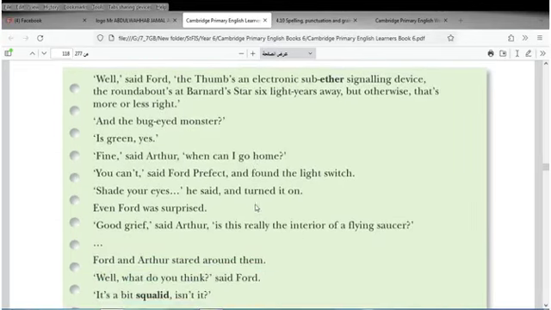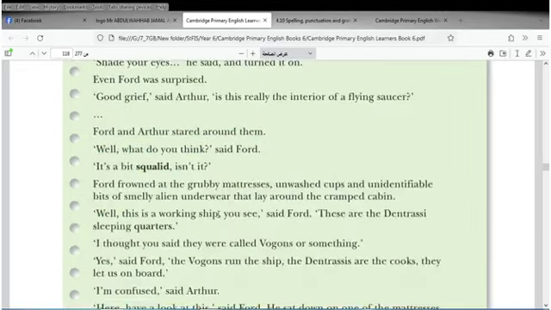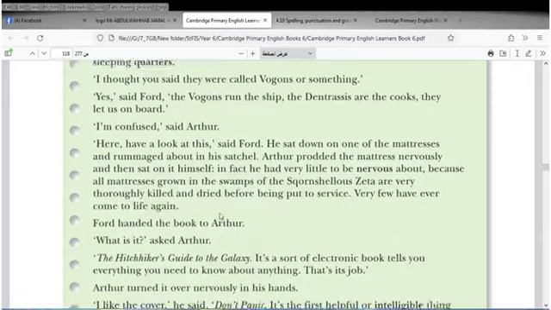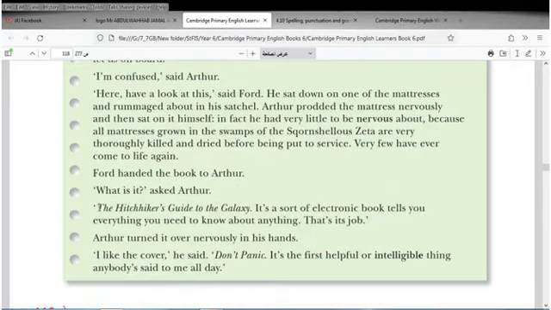And then we have another one here. The Hitchhiker's Guide to the Galaxy. We are trying to stress or to show the title, the name of the book. And here, don't panic.